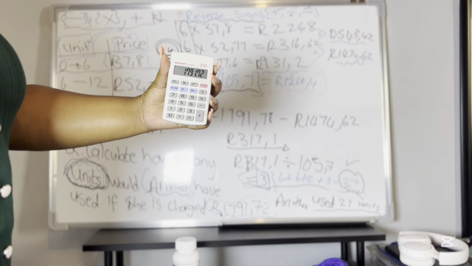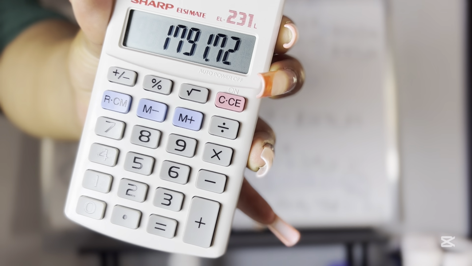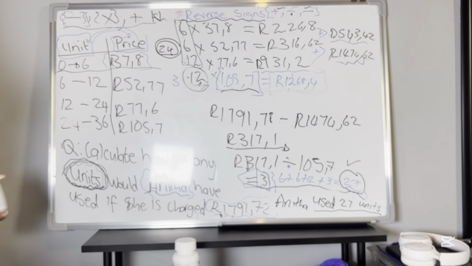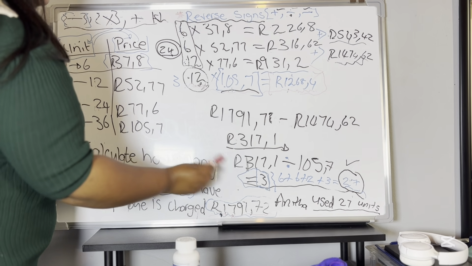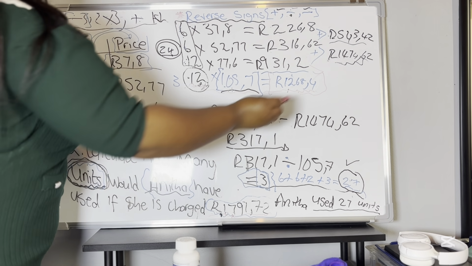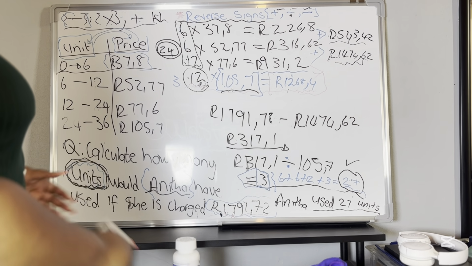And then it gives us 1,791,2, meaning our answer is correct. If when you add this number plus this, it doesn't give you this, meaning your answer is incorrect.